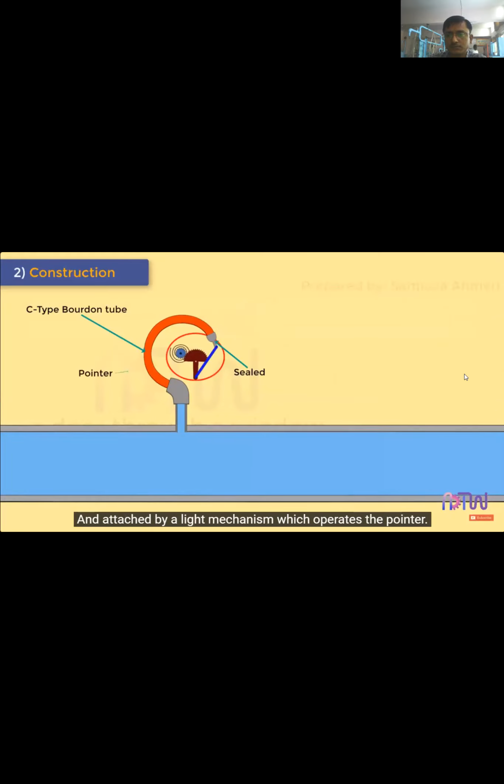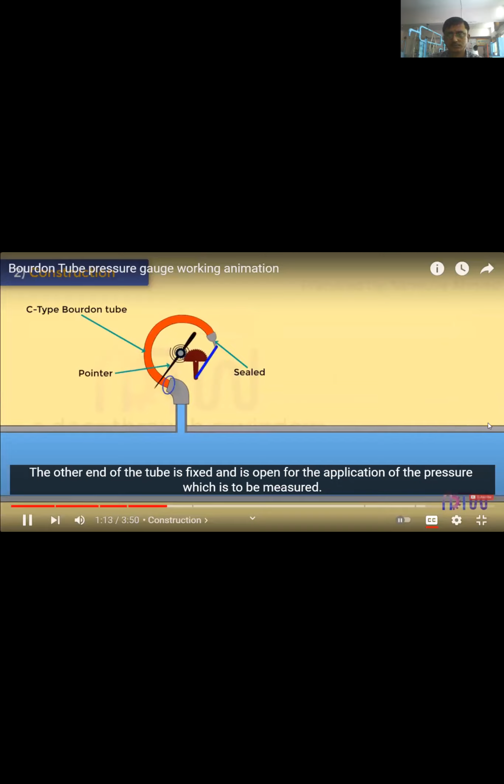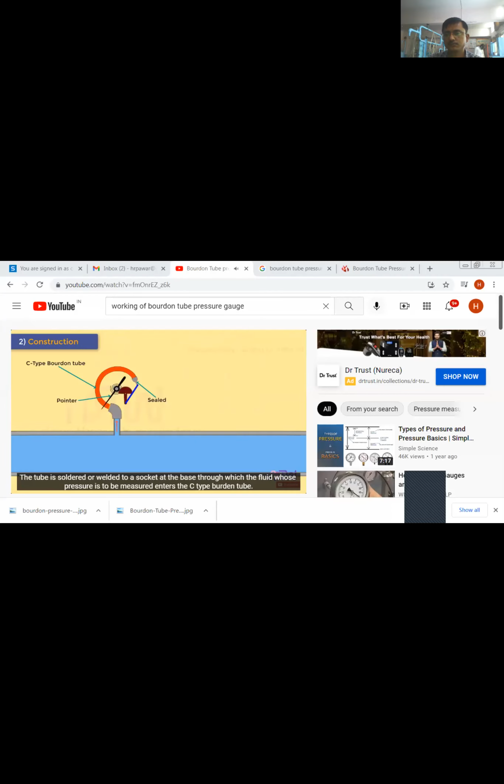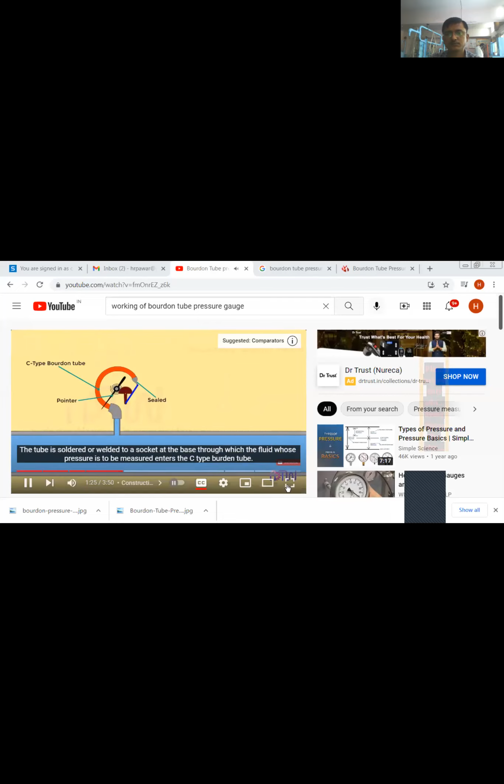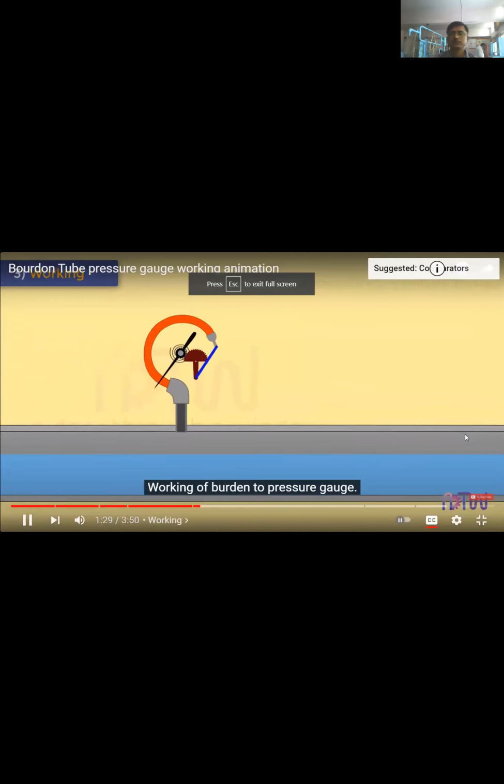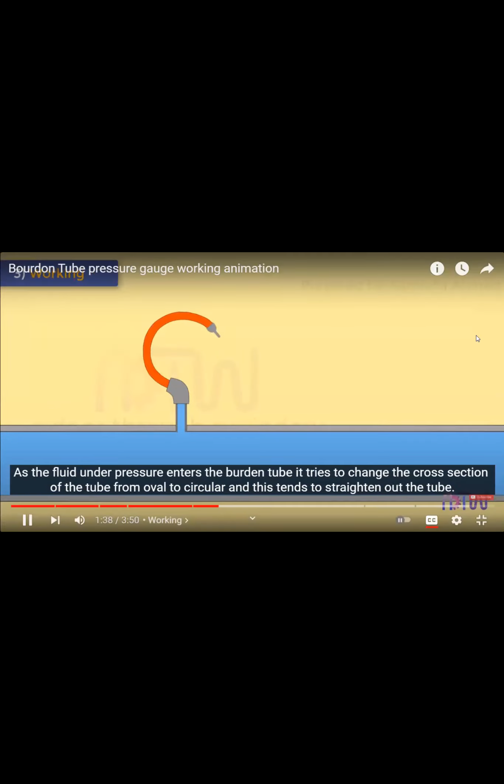operates the pointer. The other end of the tube is fixed and is open for the application of the pressure which is to be measured. The tube is soldered or welded to a socket at the base, through which the fluid, whose pressure is to be measured, enters the C-type Bourdon tube. Working of Bourdon tube pressure gauge. As the fluid under pressure enters the Bourdon tube, it tries to change the cross-section of the tube from oval to circular, and this tends to straighten out the tube.